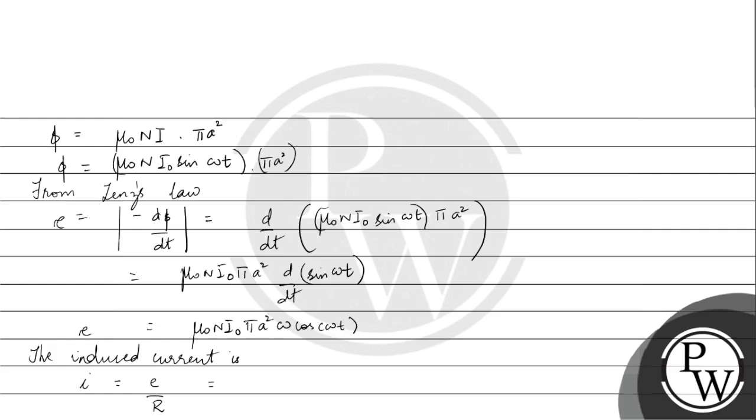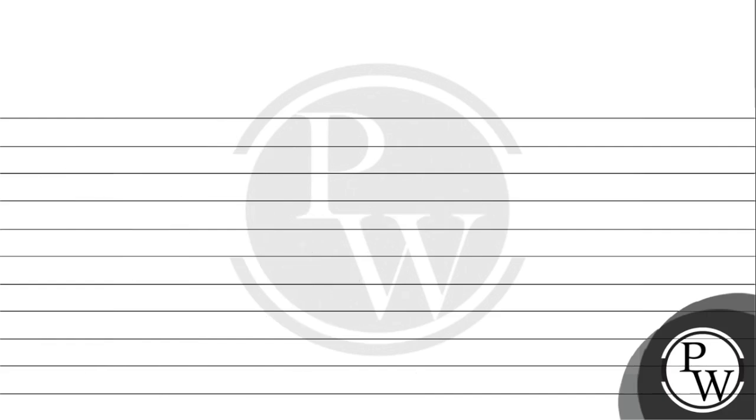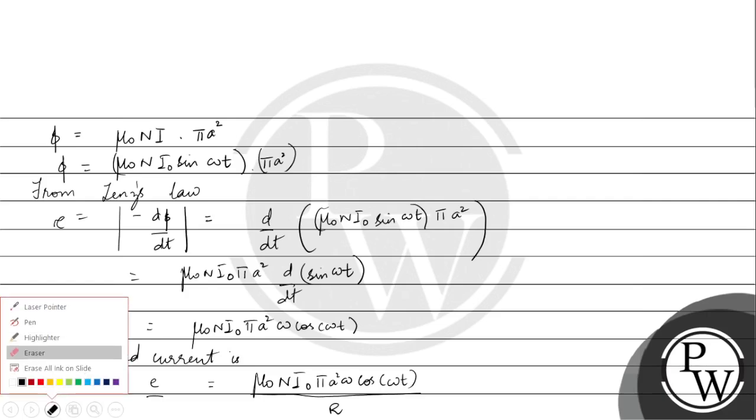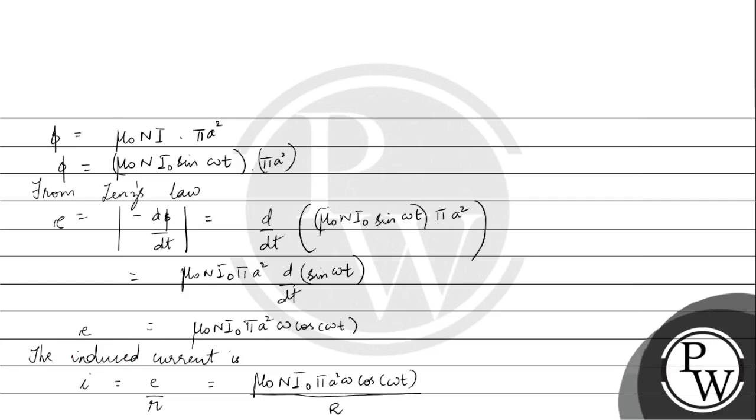So this is equal to mu naught n I naught pi A squared omega cos omega t whole thing divided by R. तो अभी they have given the resistivity, तो हम we will write this with small r, क्योंकि capital R को हम radius of the cylindrical vessel लिए है. So this we will write as small r.